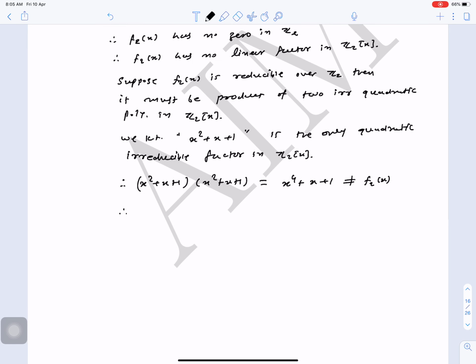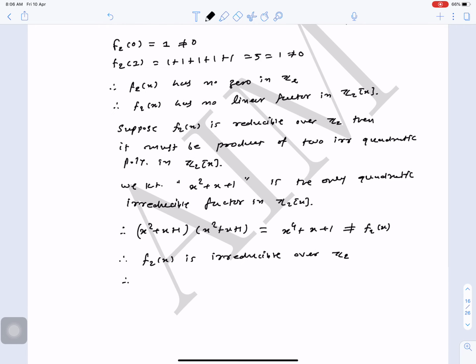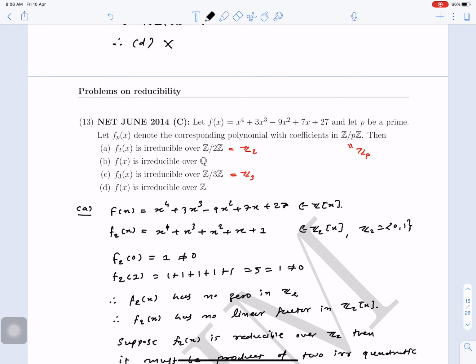So therefore f2(x) is irreducible over Z2. So therefore option A is correct.